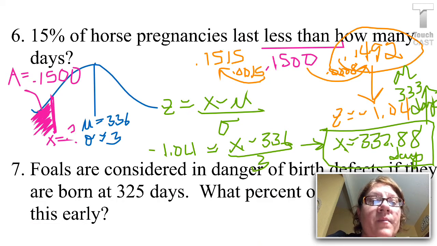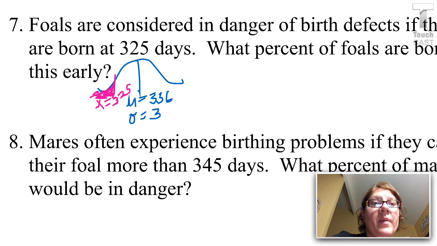Okay, next question. And so I've drawn my bell and I've shaded birth defects born at 325. Since it wants to know what percent are born this early, I'm really looking at all the foals that are born less than that, because I couldn't find if I do exactly 325 days.